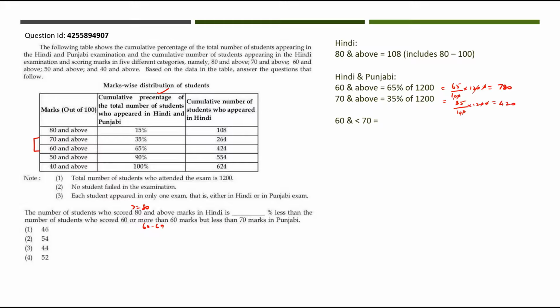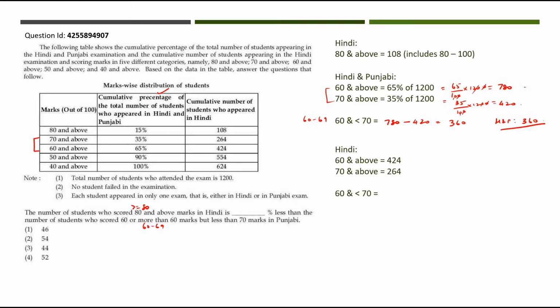So in order to find the range between 60 to 69, you have to subtract both these values. 780 minus 420 will give a value of 360. Now from this, we have to take the Hindi value alone for the same set of values, because in order to calculate Punjabi, you have to deduct the Hindi value.